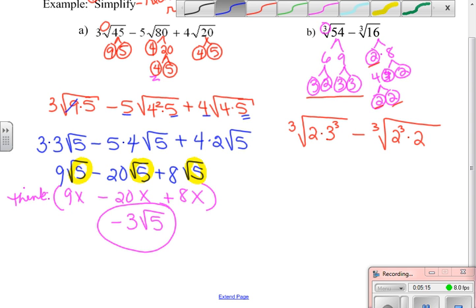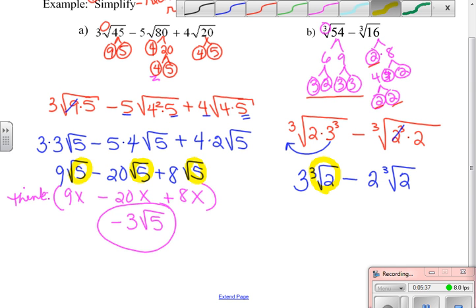So my simplifying step, the cube root of 2 cubed, can't do anything with that. The cube root of 3 cubed is 3, so that one comes out front. Minus the cube root of 2 cubed, I can do that. That's 2. Can I take the cube root of 2? Nope, that's left over.